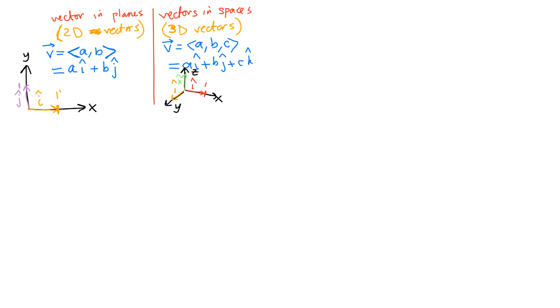So these are the notations for vectors in planes and vectors in spaces.